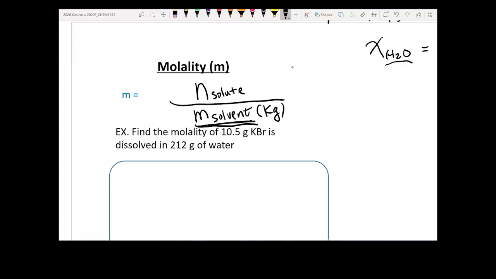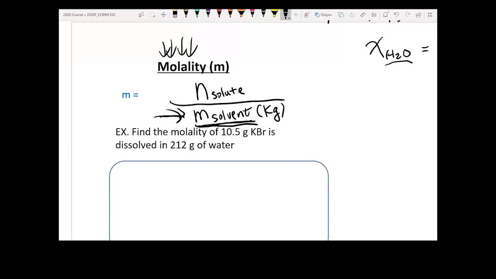This is the only concentration term that has the solvent in the denominator. It's very important because so many students get confused about when to use solvent and when to use solution. The easiest way to remember is that molality is the only concentration term that uses solvent in the denominator.